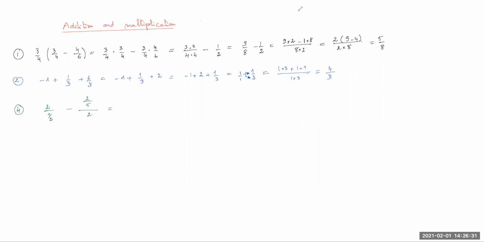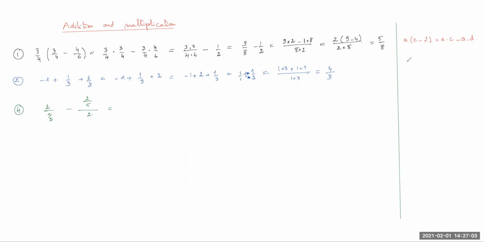So let's remind ourselves of some formulas. Let's make a reminder. Here we use the fact that A times (C minus D) equals A times C minus A times D.